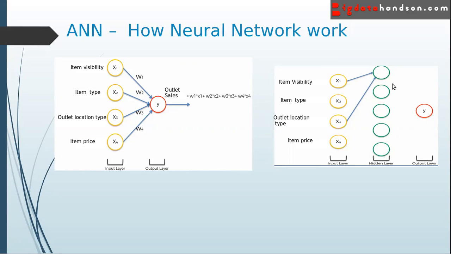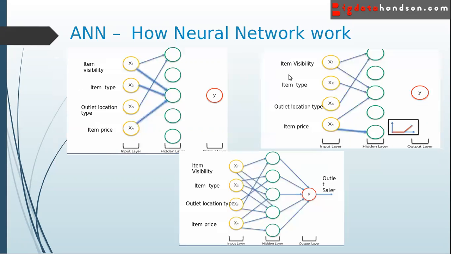Likewise we'll have combinations of neurons, connected to the other neurons, as you can see here. In the first neuron of the hidden layer, x1 and x3 are connected, and in the third neuron, x1, x2, x4 are connected. Likewise we'll connect all the neurons with the hidden layers, and these hidden layers are connected to the output neuron here.